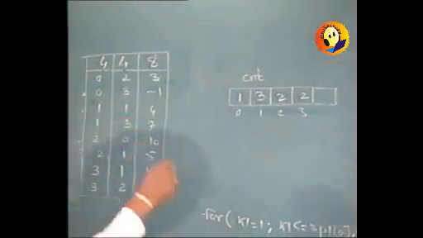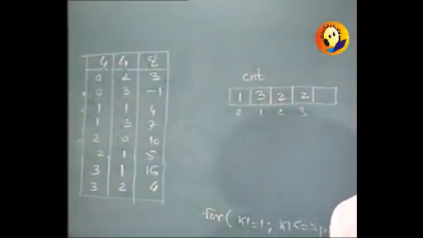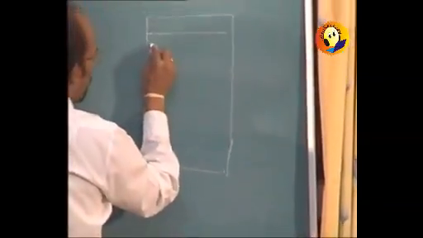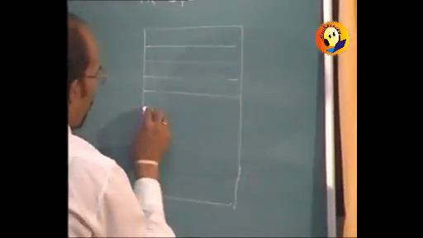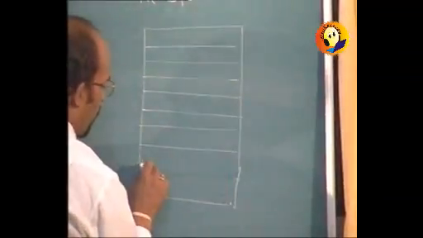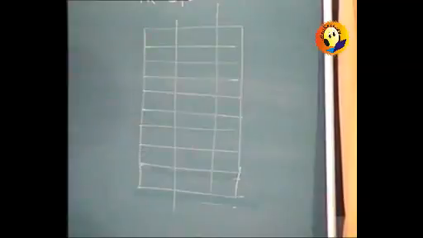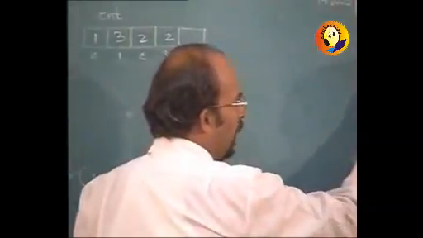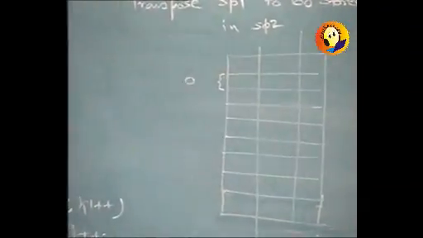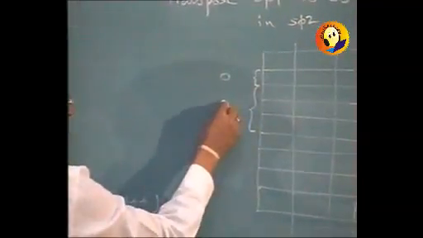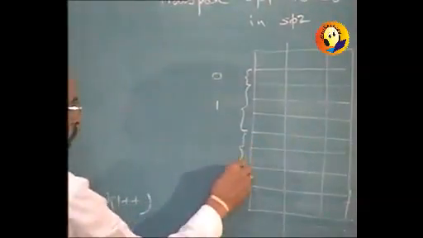I can actually demarcate sp2. Only one position will be required for column number 0, 3 for column 1, 2 for column 2, and 2 for column 3.